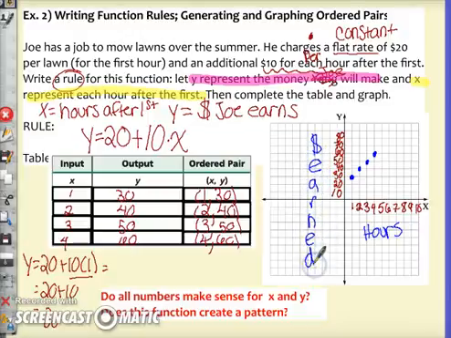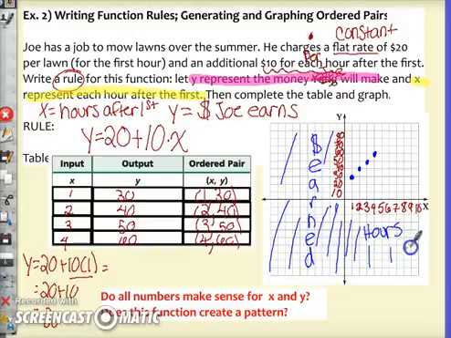And let's think, what type of numbers are over here? These are negatives. Can you have negative hours? No. Can you have negative money? No. So are you going to be using these two quadrants? No way. You're actually not going to use this either because you would have negative money. So your line then, you'll connect it, and you need an arrowhead on the right.